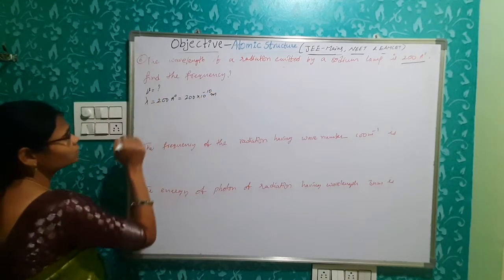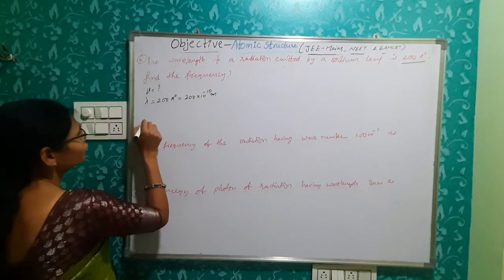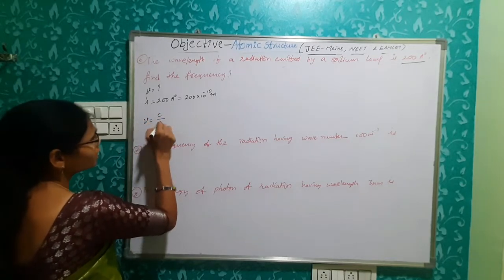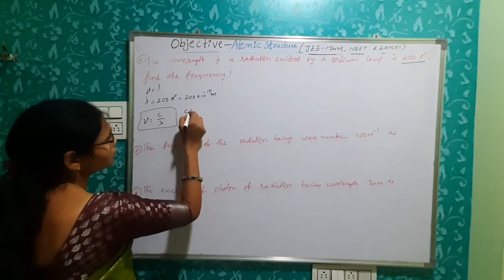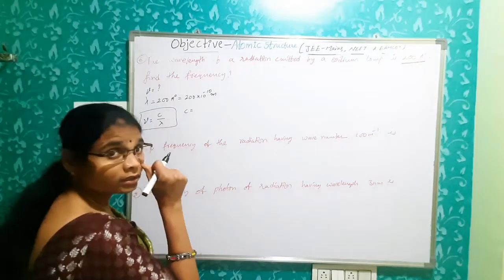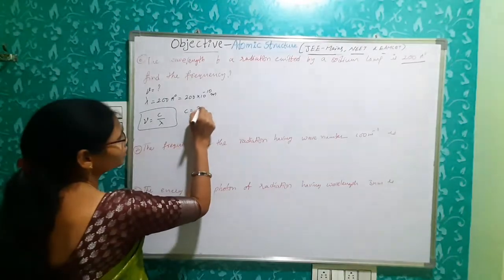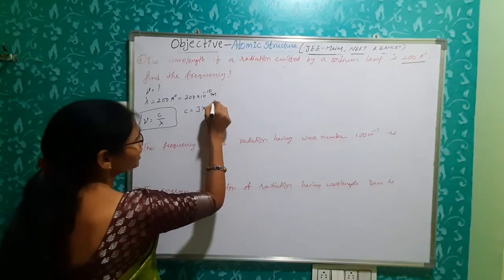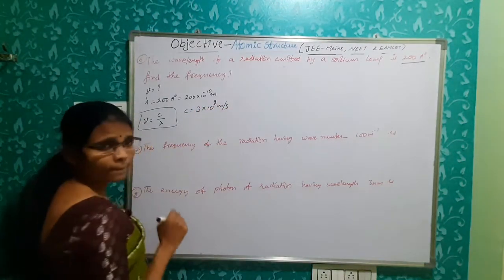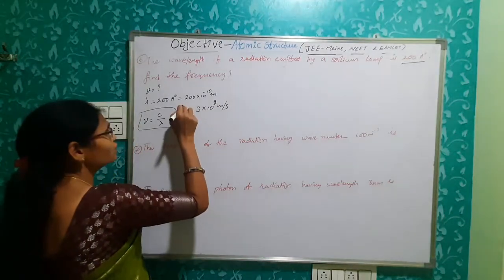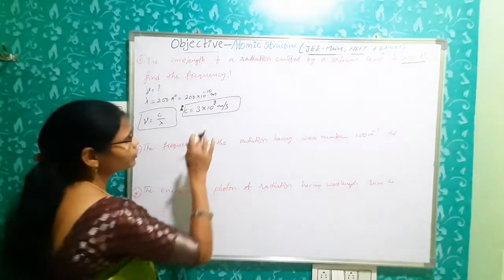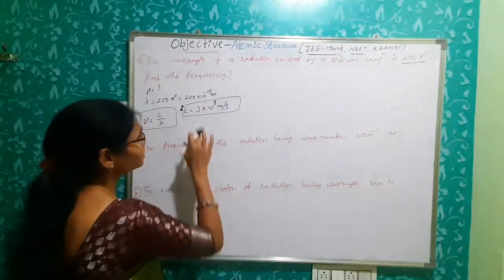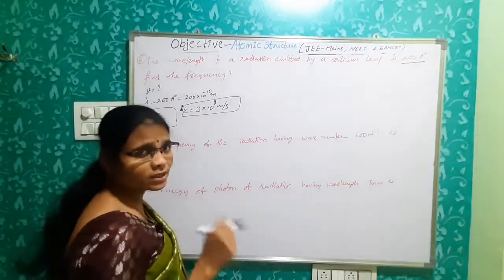What is the relation between them? Frequency is equal to c by lambda. The velocity of light is always constant, 3 into 10 power 8 meters per second, or 3 into 10 power 10 centimeters per second.